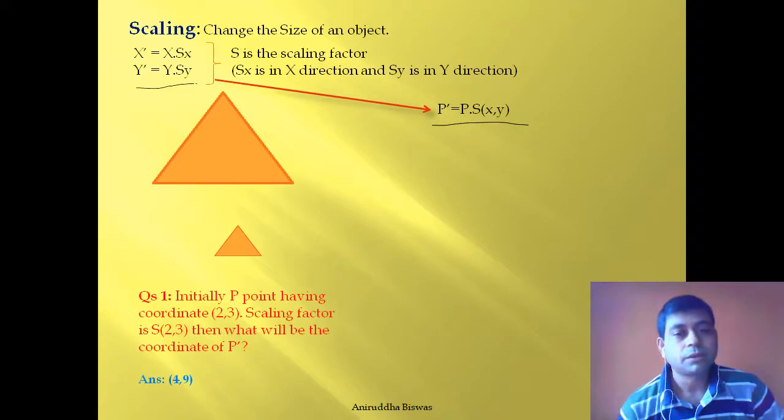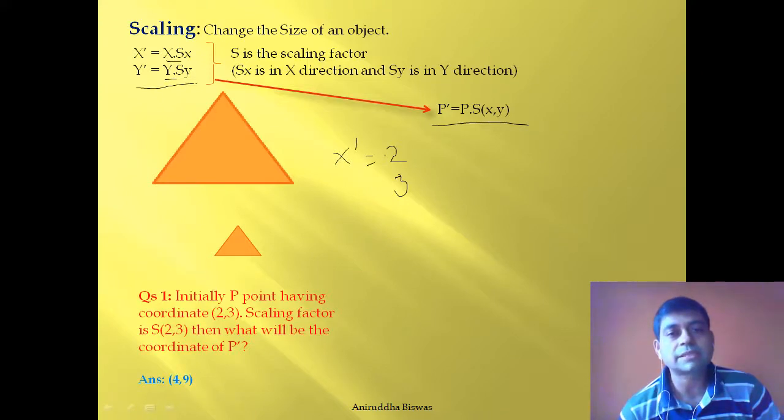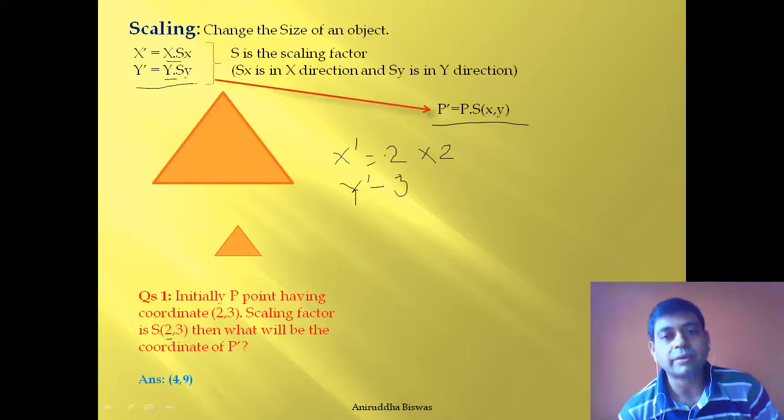So the initial values, that is x and y values, are given. So 2 and 3, these are the values of x and y, right? And we have to find x dashed. So x dashed is equal to 2 into Sx. The value of Sx is 2. So 2 into 2. And to calculate y dashed, we need the y value, that is 3. It is given here.